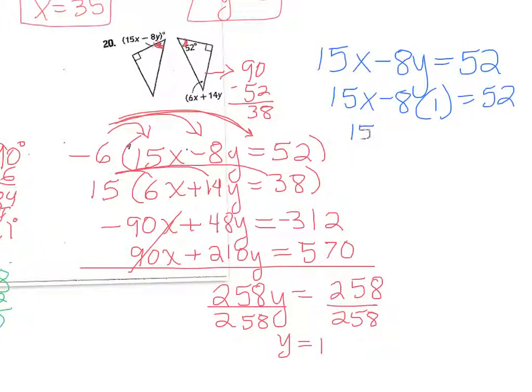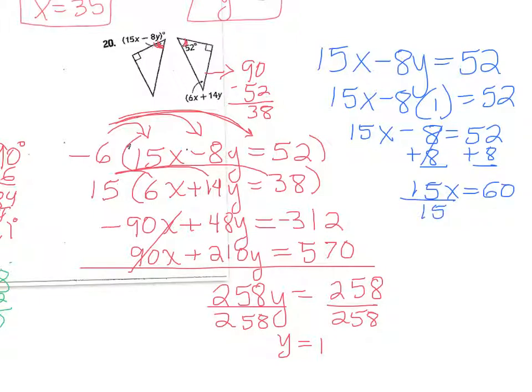So it's 15x minus 8 equals 52. Then you add 8. 15x equals 60. And when you divide by 15, x equals 4. So there you have the two values of x and y.